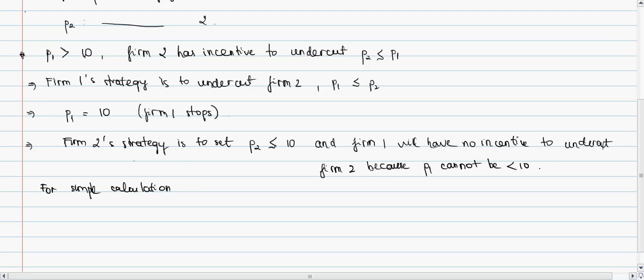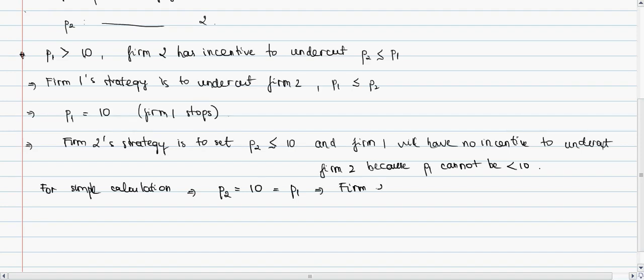The question assumes that if firm 2 is setting the price equal to 10, it will still be able to capture the whole market, and that is going to be the Nash equilibrium. For simple calculation, the question tells you to assume that if P2 is equal to 10, firm 2 will still be able to sell to the whole market, because if firm 1 is charging the same price as firm 2, then whoever has the lower cost will supply the market.